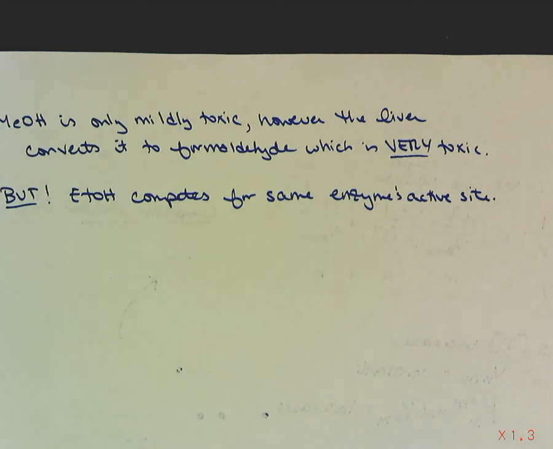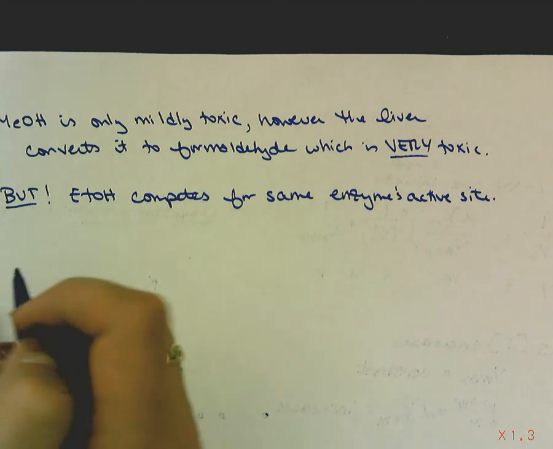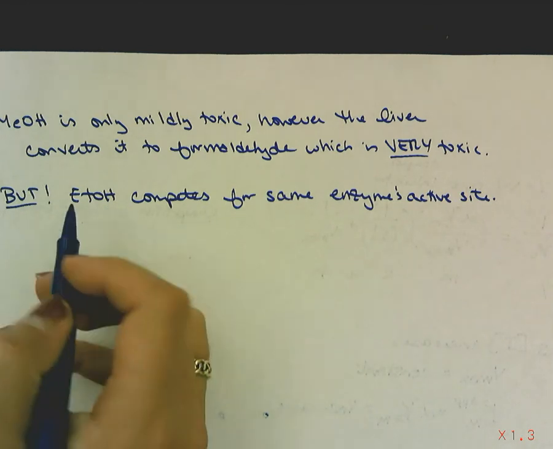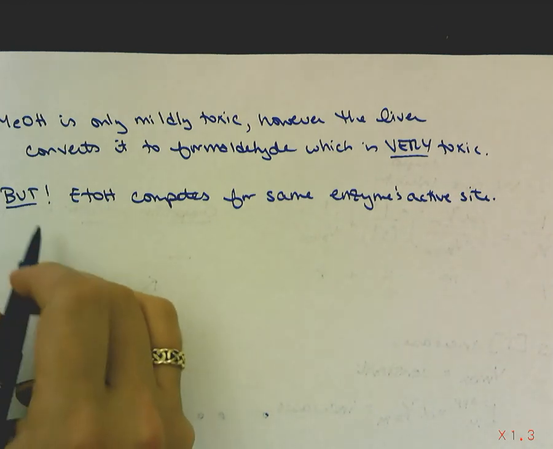So for methanol poisoning, what do you think the patient should do? Drink a ton of alcohol. That's exactly what they do. So if you find yourself in methanol poisoning, you're supposed to drink a ton of alcohol.